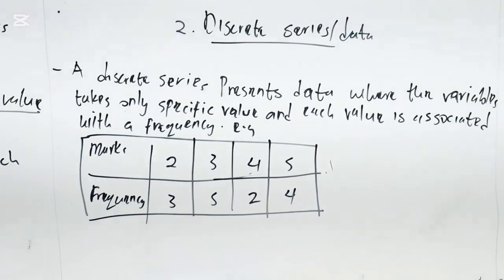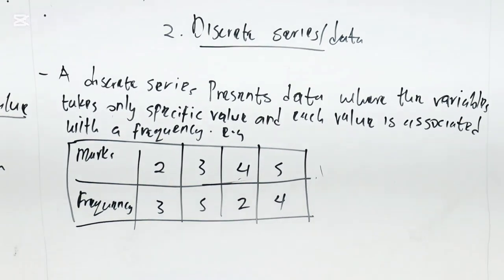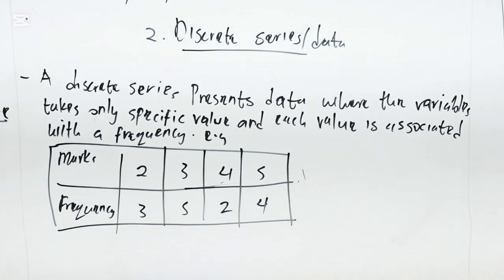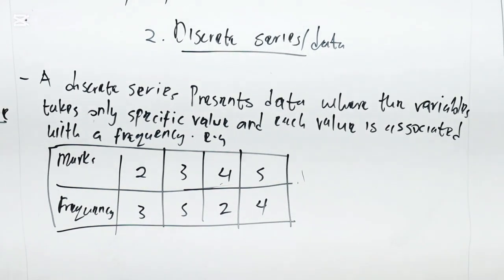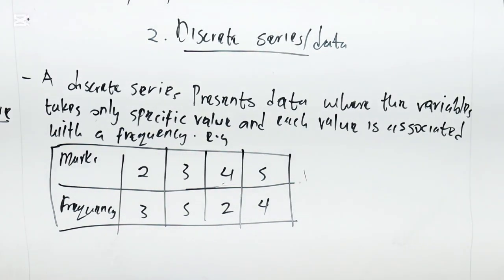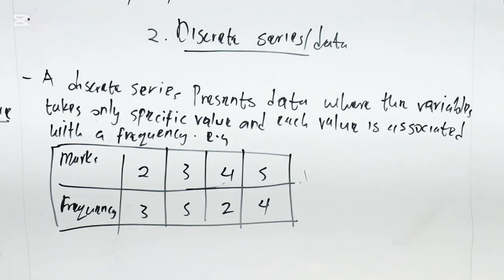With the discrete series, this series represents data where the variable takes only specific values and each value is associated with a frequency.